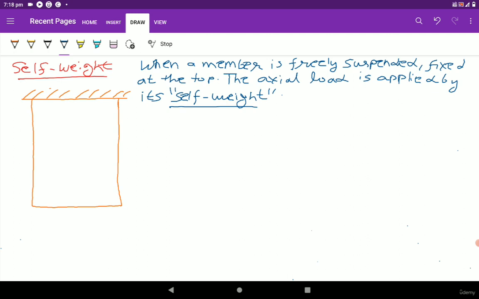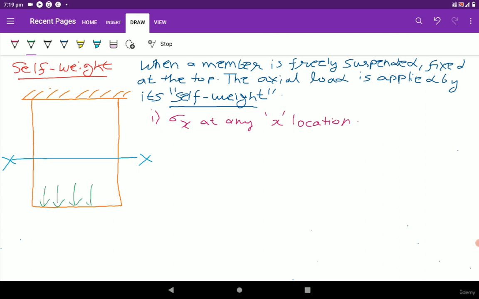So the first thing we have to find out is the sigma x at any x location. The weight will act something like this here. This is the self weight acting downwards.